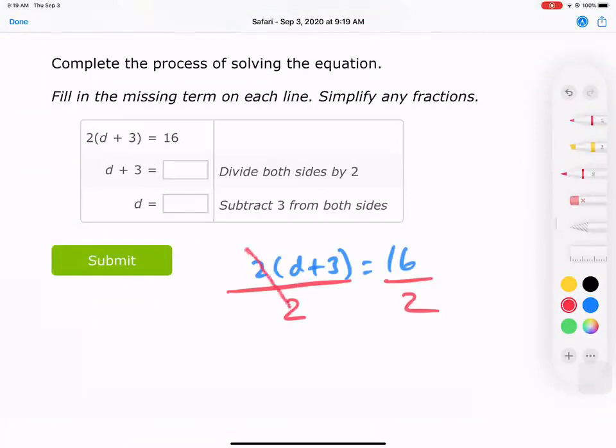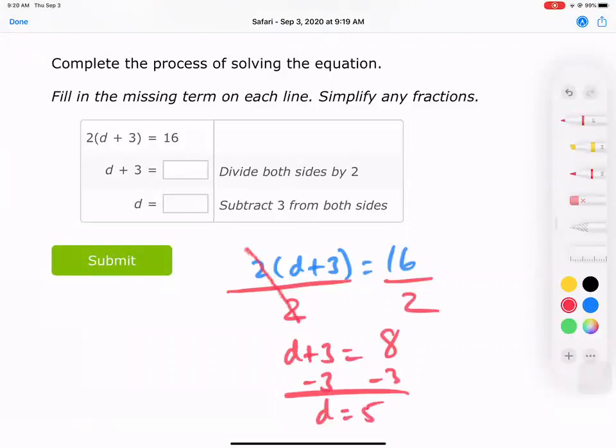The 2 and 2 divide out. 2 divided by 2 is an easy one. You could write 1d plus 3, but isn't that just 1d and 3? So we don't need to write the parentheses. Just d plus 3 is equal to 16 divided by 2, which is 8. Solving for this, minus 3 from both sides. d is equal to 5.